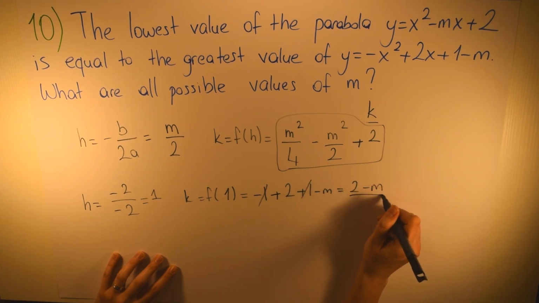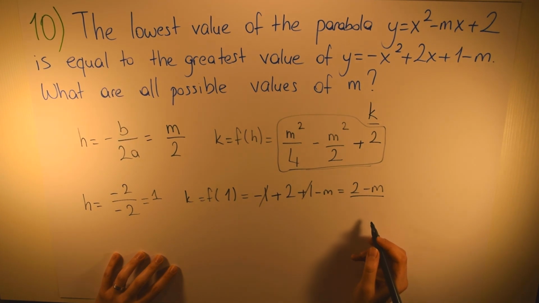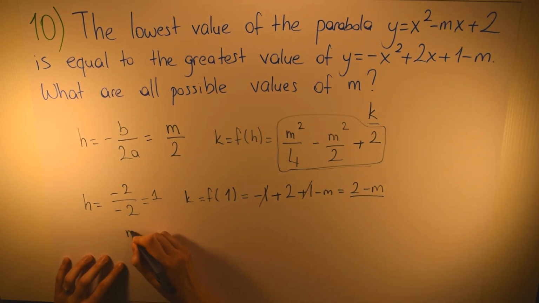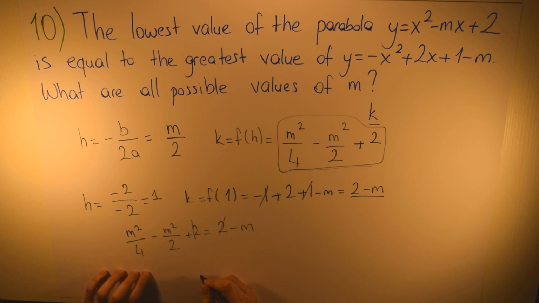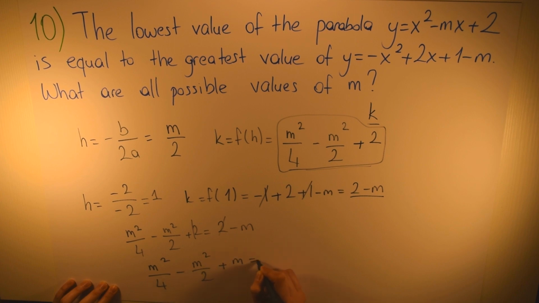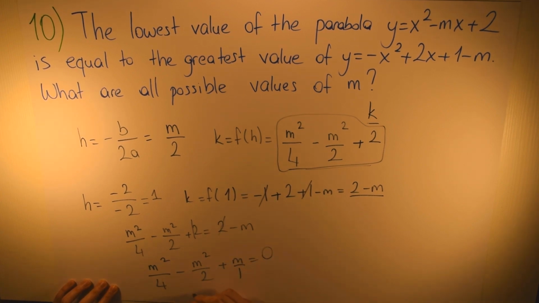So this value and also this value are equal to each other. So let's do that. It's m squared over 4 minus m squared over 2 plus 2 is equal to 2 minus m. These two cancel out each other, and from here I put this m to the other side, so m squared over 4 minus m squared over 2 plus m is equal to 0. So let's make the denominators equal to each other. I have to multiply this by 2, this one by 4.